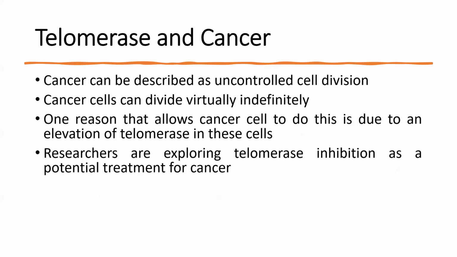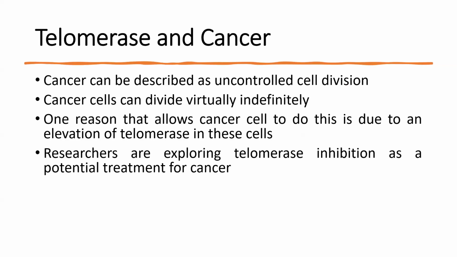of cancer, which by definition is uncontrolled cell division. Normally, our cells would divide up to a point, and then the telomeres keep it in check and stop it from dividing further if it has gone through cycles of division. But in cancer cells, one of the properties of cancer is that they can divide virtually indefinitely.